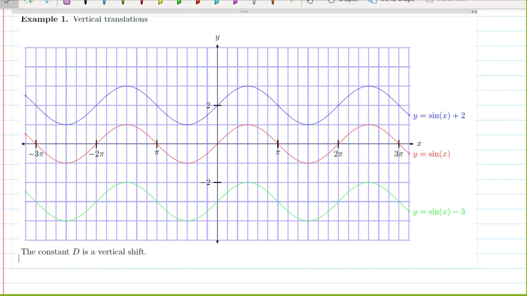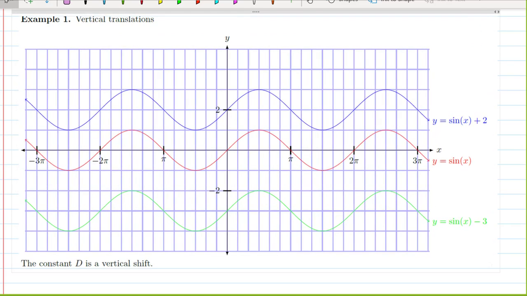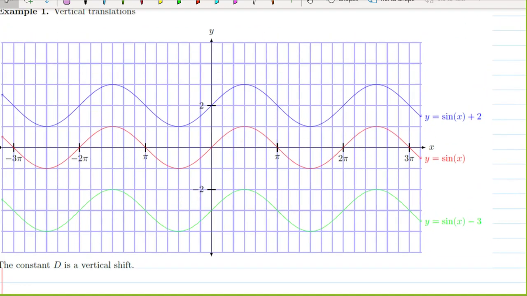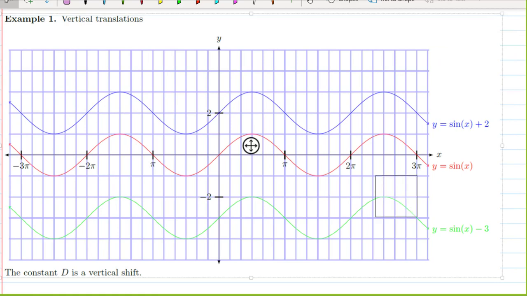So they behave in exactly the way that we think they should, and what I mean by that is, if we started with our parent function y equals sine x here, if we do y equals sine x plus 2, it just takes that graph and shifts all of its points up 2 units.